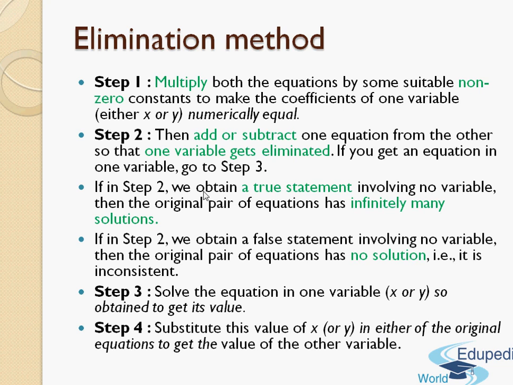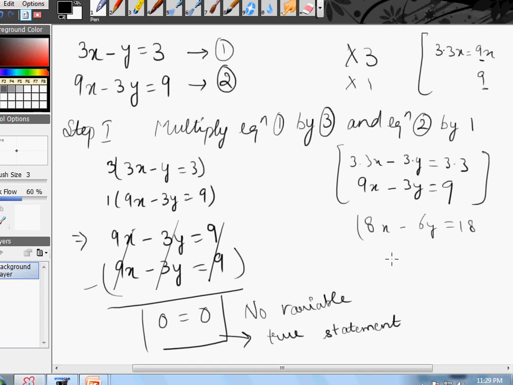Thus, this step says if in step 2 we obtain a true statement, then the original pair of equations has infinitely many solutions. So, our true statement involves no variable, so we have infinitely many solutions.